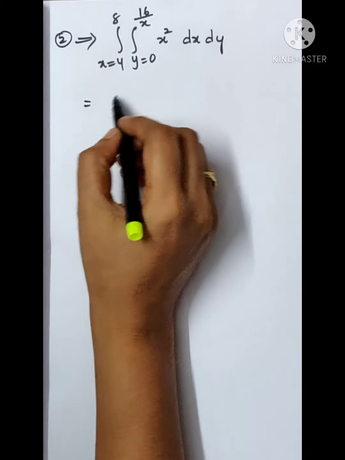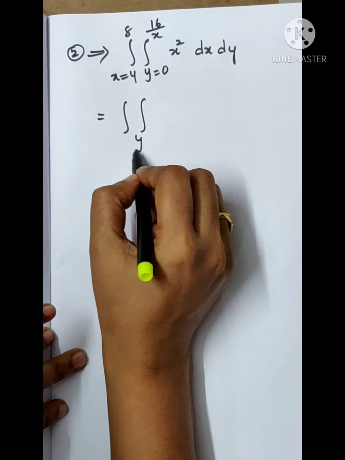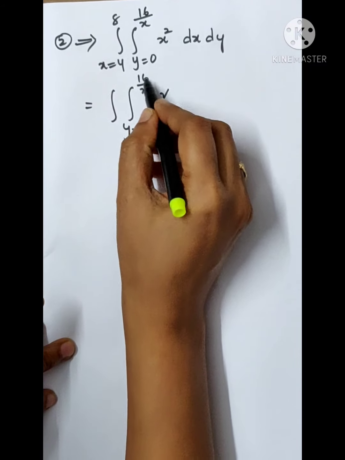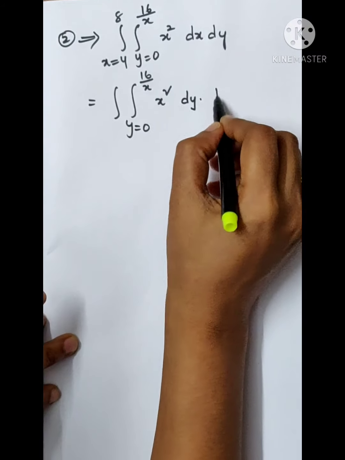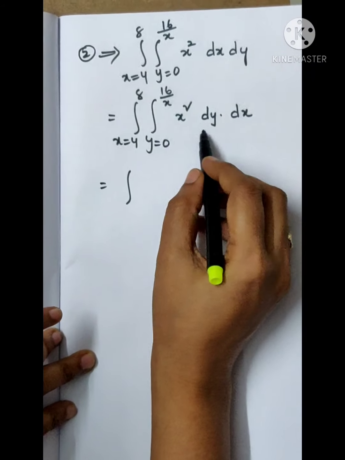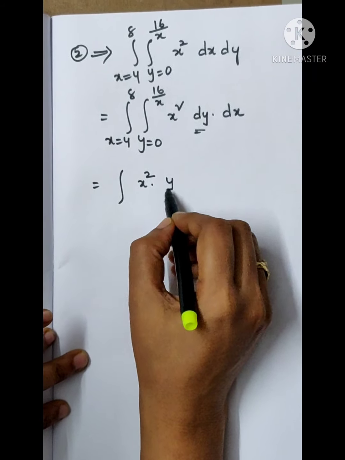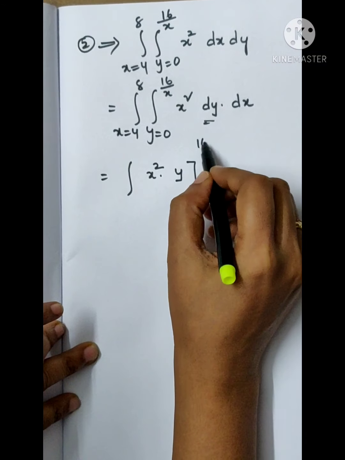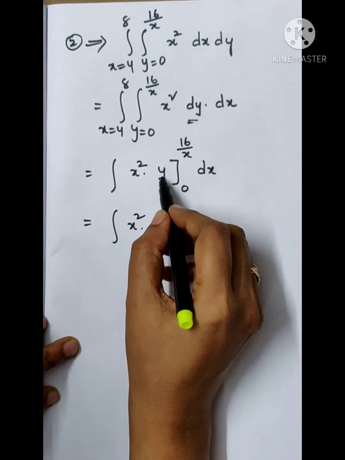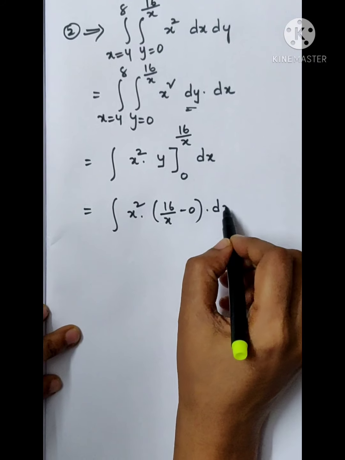We integrate with respect to y first, with y limits 0 to 16 by x, so we write dy first, later dx, with x limits 4 to 8. While integrating with respect to y, we treat x square as constant, and the integral of dy is y from 0 to 16 by x.